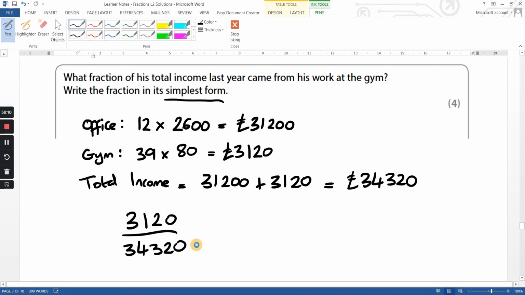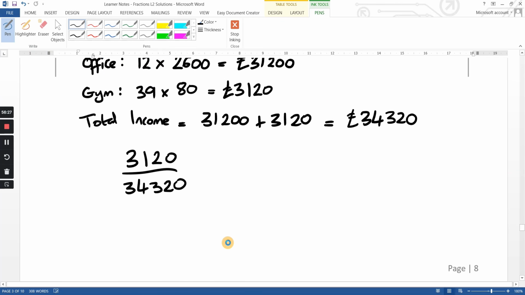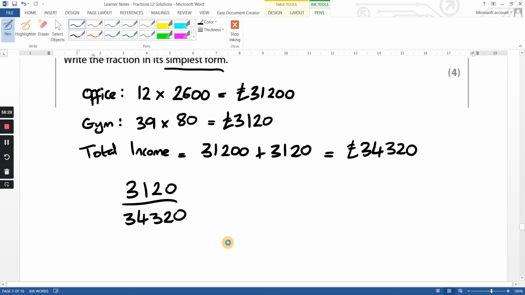Don't forget, I tell you what, I'm going to use my calculator. You know what I'm going to do? I'm going to use the divide button as well. If you've got one of these fancy scientific calculators, it'll simplify it for you. Just make your life a lot easier, especially on the calculator paper. You'll have more time to work on the other questions.